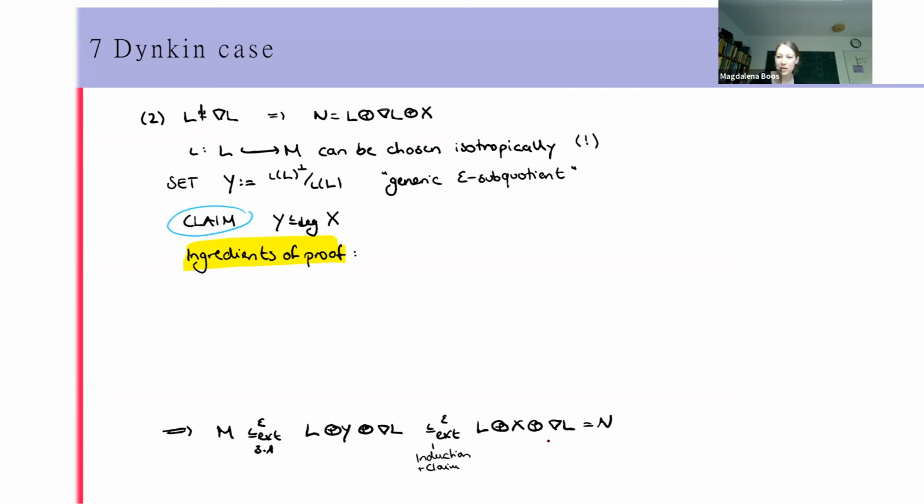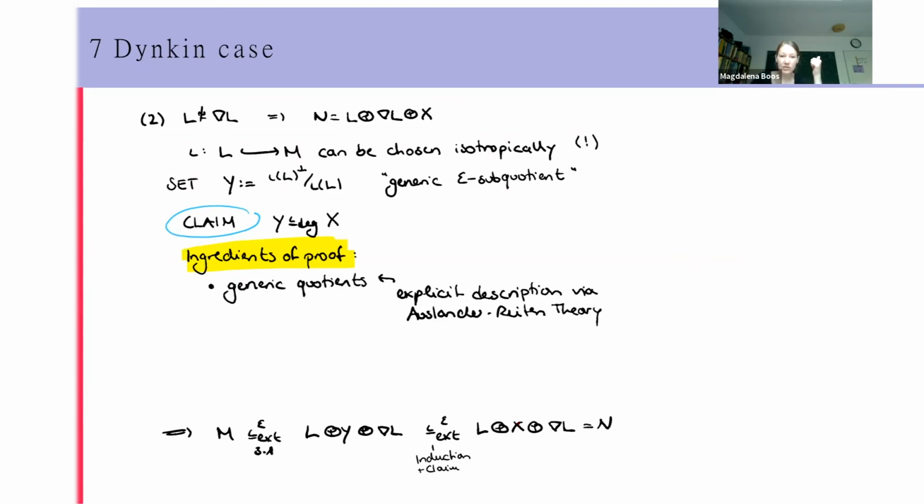And also these ingredients are big propositions. We need to know what generic quotients look like in general. And in type A, we describe them in full generality, and also explicitly in the Auslander-Reiten quiver. So we say, if we have a generic embedding, the quotient is this, this, and this indecomposable. Okay, it's constructed.